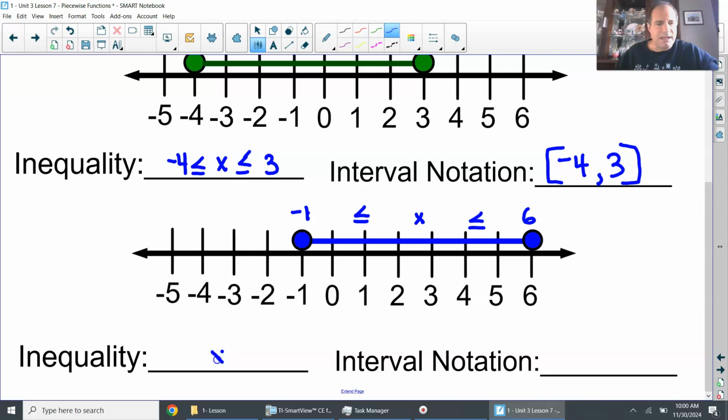So when we put that inequality down, that is x is greater than or equal to -1 and less than or equal to 6. And again, with the brackets, because both of these have closed circles, which means that both numbers are included in the inequality.